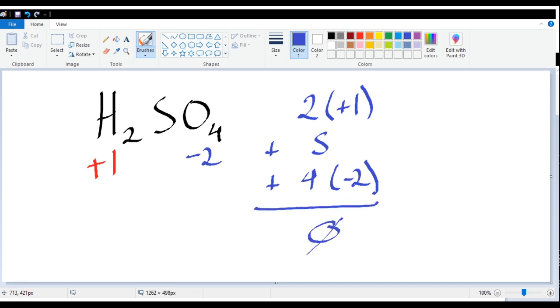And our sulfuric acid as a whole is neutral. Oxidation number 0. So 2 plus S minus 8 equals 0. S is equal to positive 6.